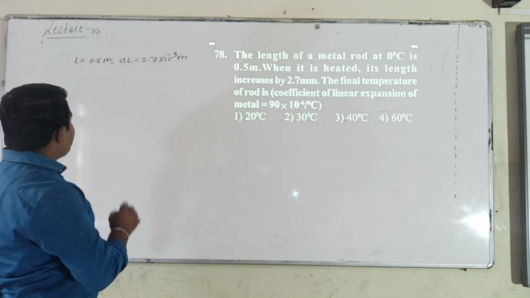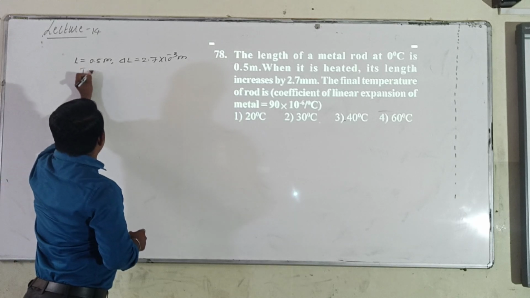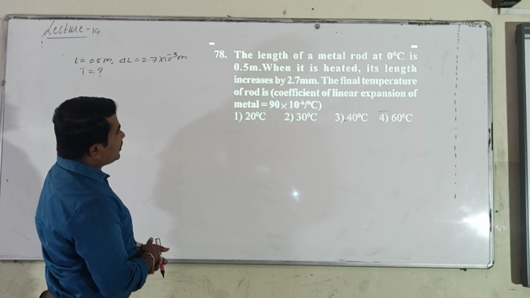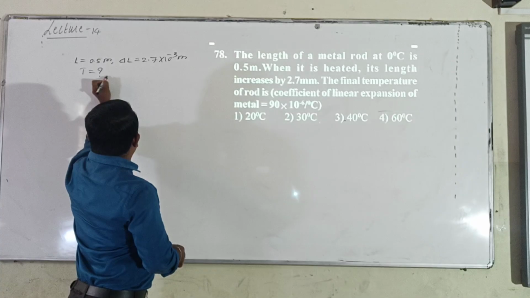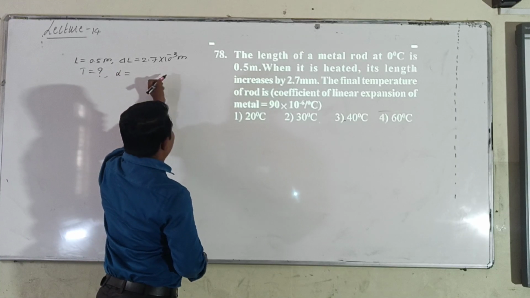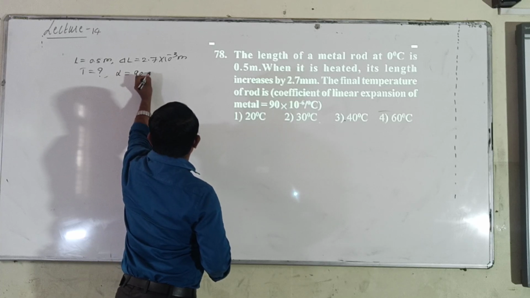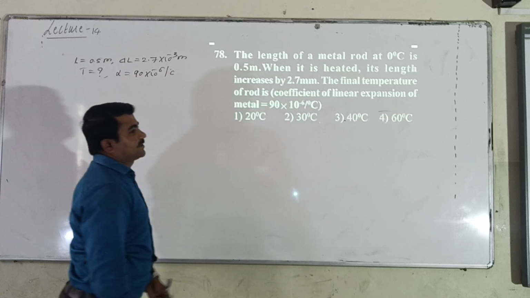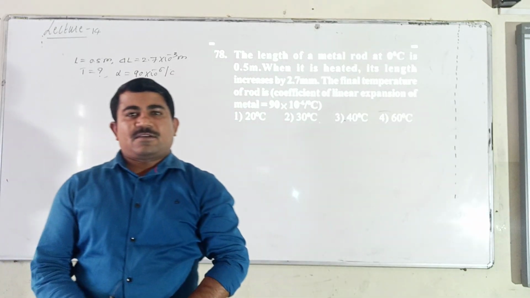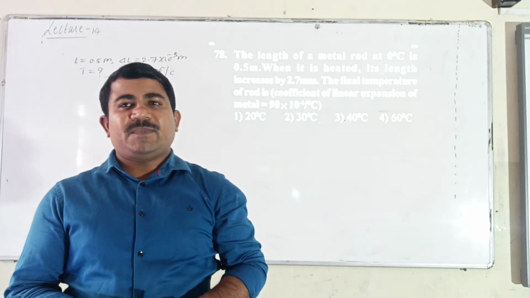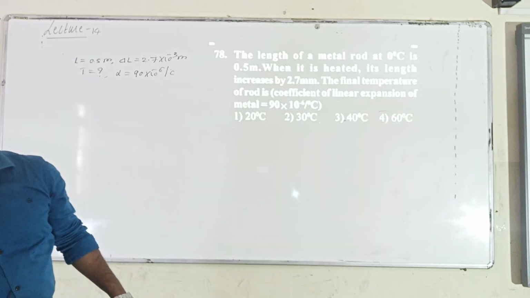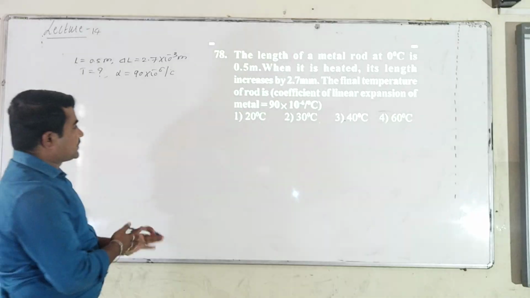The final temperature of the rod is? The alpha value is given. What is the alpha value? 90 into 10 raised to minus 6 per degree Celsius. Right? This is the question. See here, students, the question is very simple. I can use the direct formula for this.